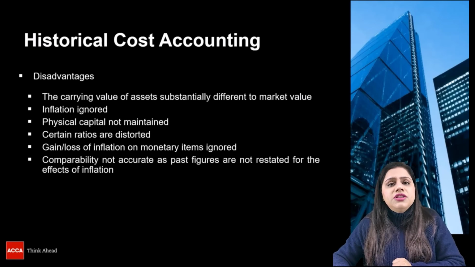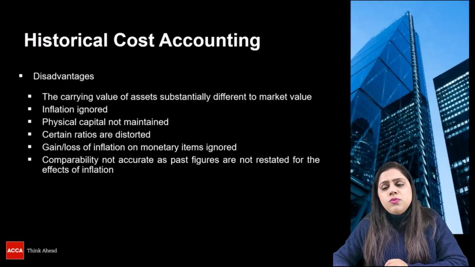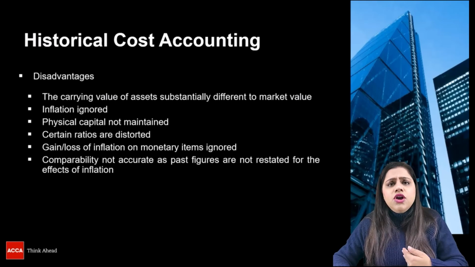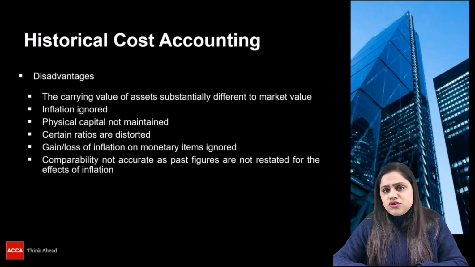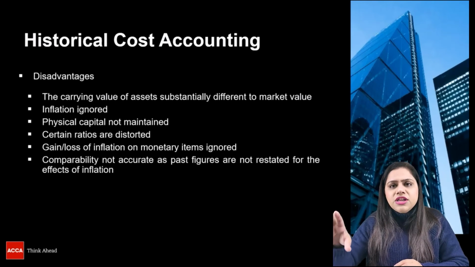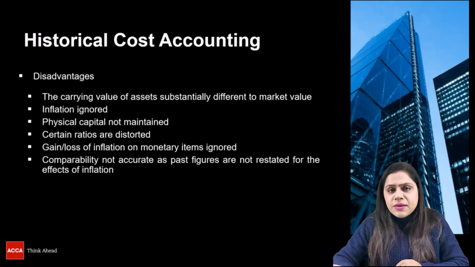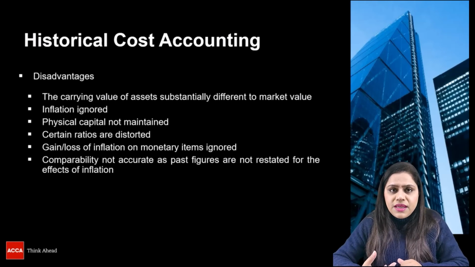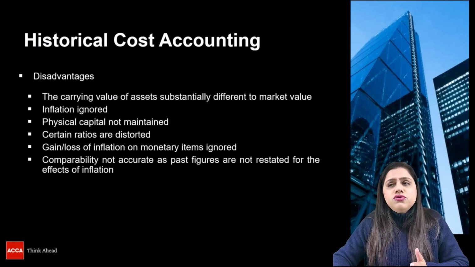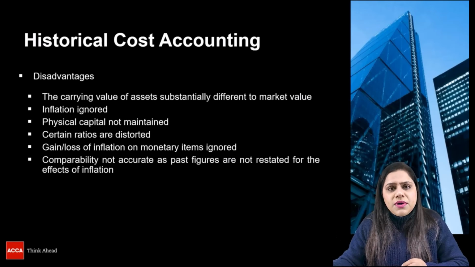The ratios can be distorted. Combining these two points, you cannot understand at what value your asset is today. So in the market also, when you give the picture of your performance, people will not be able to actually understand the strength of your capital or the strength of your company. In case of ratios also, they are going to be distorted because they are using figures from way in the past.